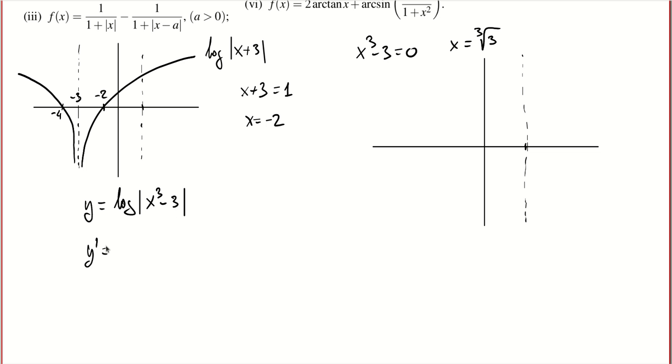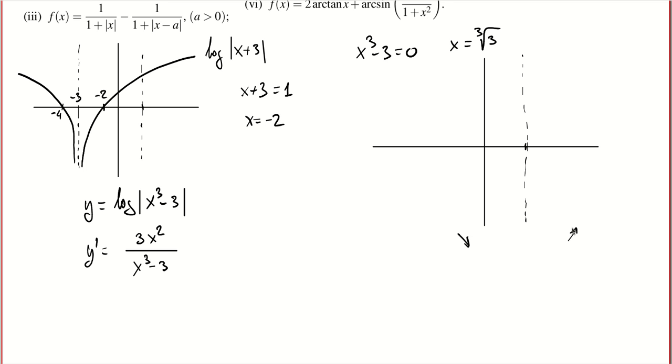And if we take the derivative, this is equal to 3x squared over x cubed minus 3, right? But the denominator here is negative to the left of this point and positive to the right of this point, okay? And this factor is positive. So the derivative is negative here, positive here, so the function decreases in this region and increases in this region. All right?